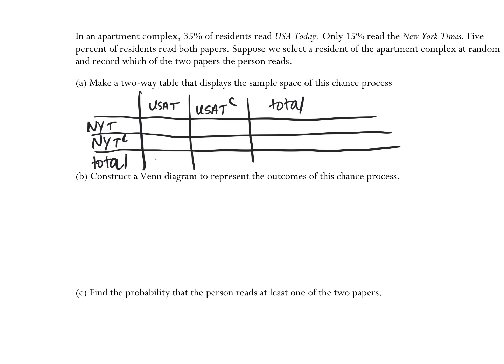35% of readers read USA Today. This is 35%. And if 35% read USA Today, what else do we know? That's 65% who don't, and we have a total of 100%.